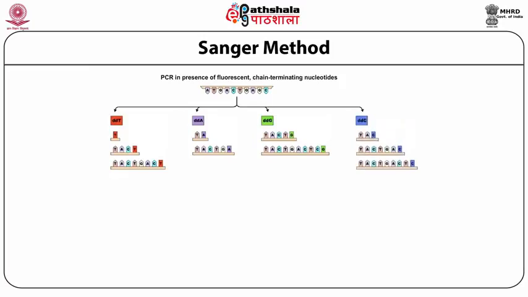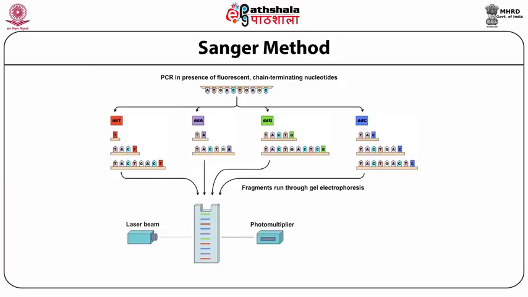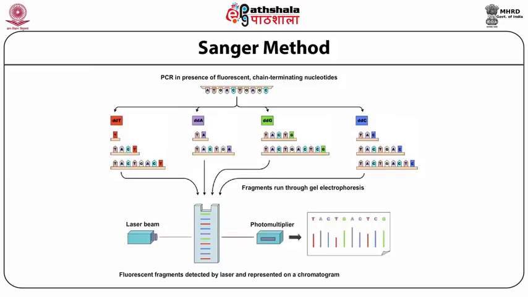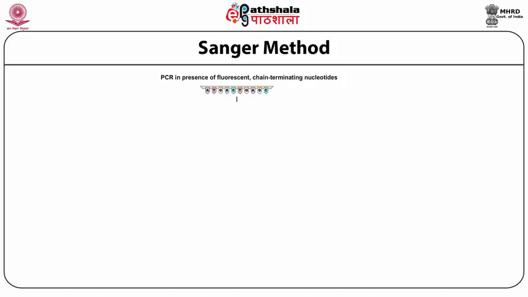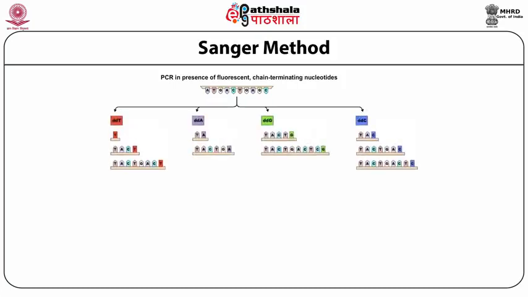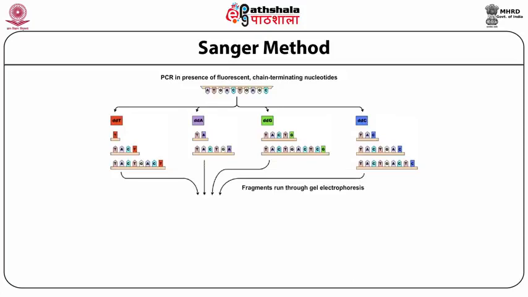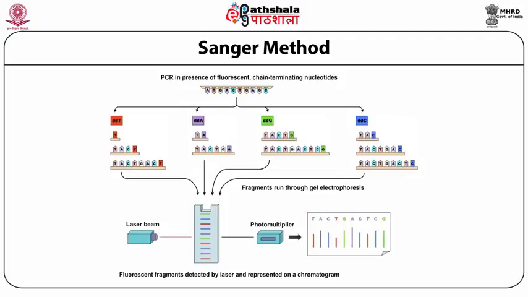So for each well, there is a single ddNTP. For example, in one well, there is ddATP. In the second well, there is ddGTP. Third, ddTTP. And fourth, ddCTP. So in 4 wells, these dideoxynucleotides are added, and there are chances that they will be inserted at every position in the DNA strand.